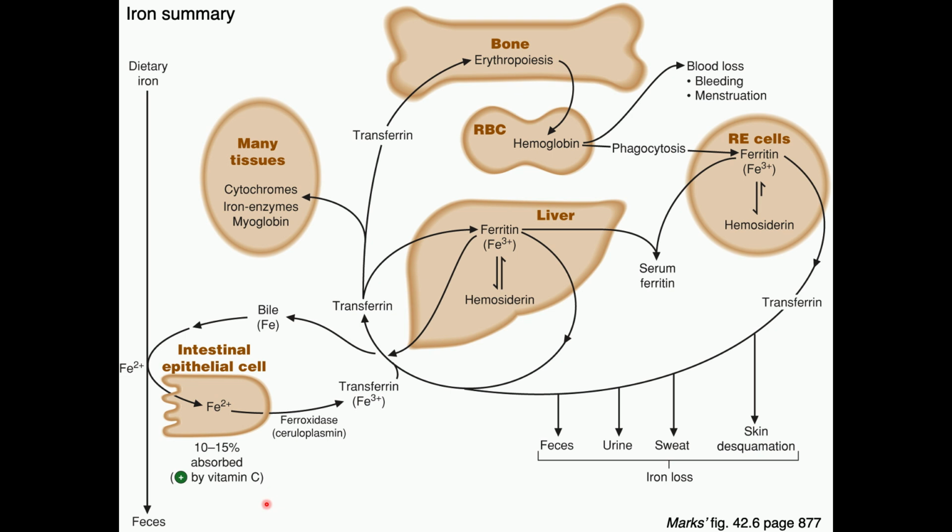Okay, so let's see. The major compartments that we're going to talk about are absorption of iron from the intestine. We'll talk about iron's role in supporting erythropoiesis and how iron regulates gene expression in erythroid precursors.